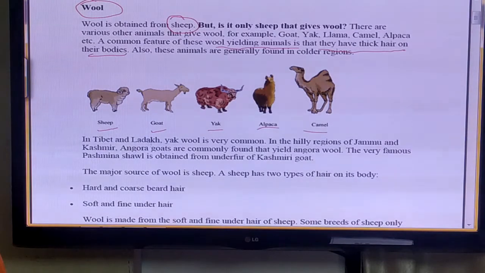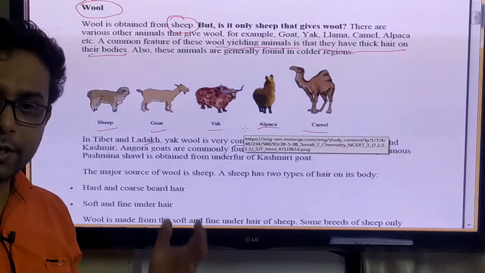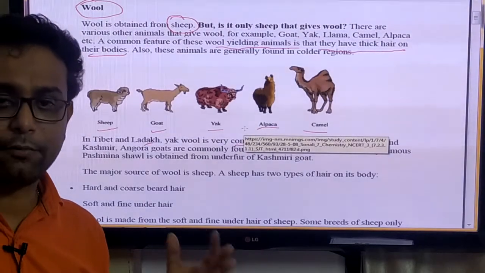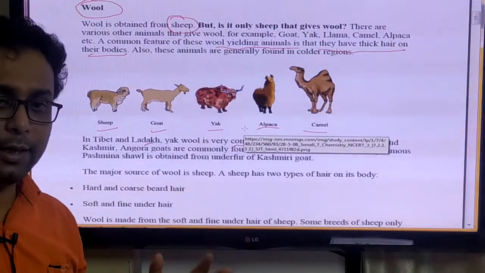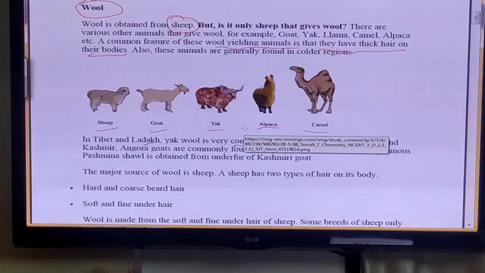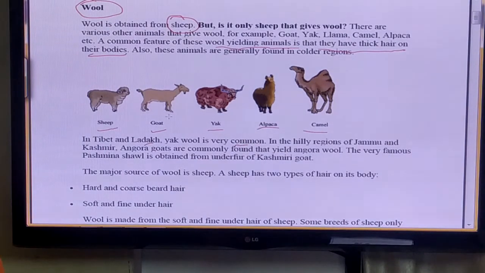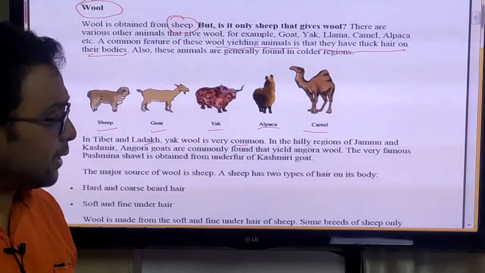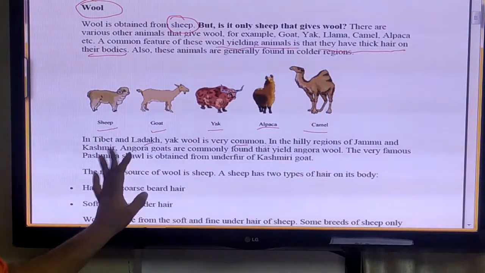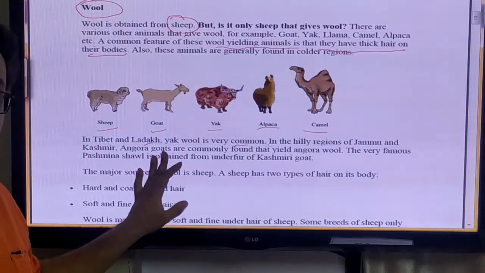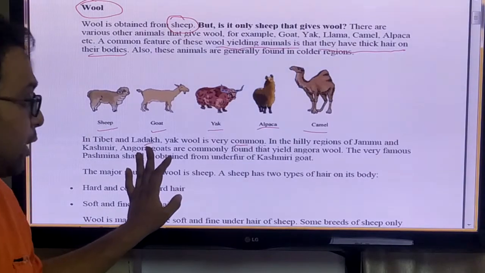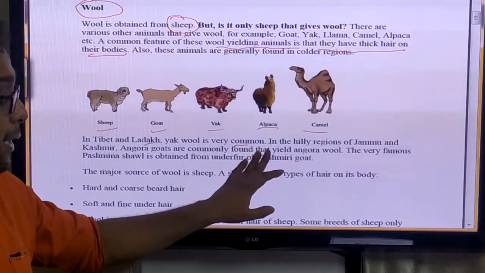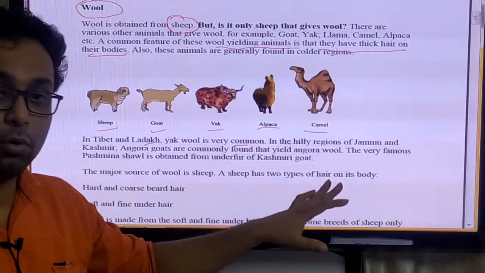In Tibet and Ladakh, yak wool is very common. In different regions, different types of wool are very famous. In the hilly regions of Jammu and Kashmir, the Angora goat, a special type of goat, is commonly found, which yields Angora wool.